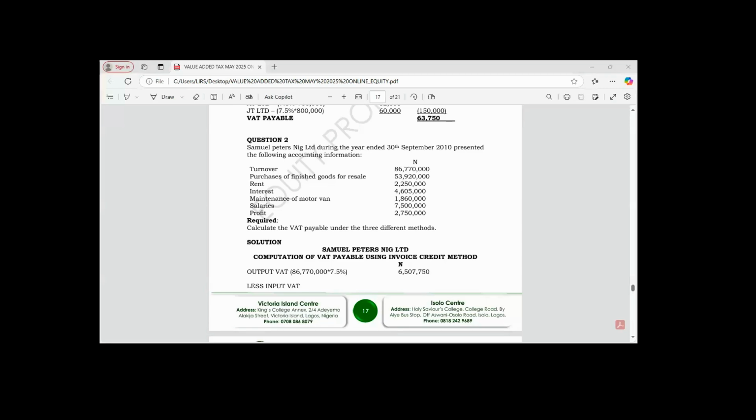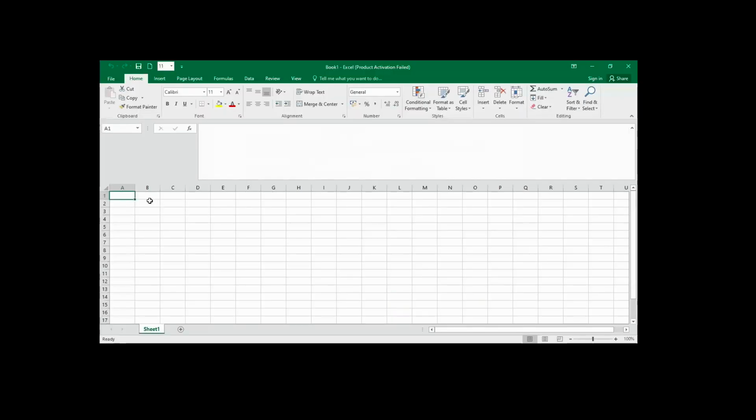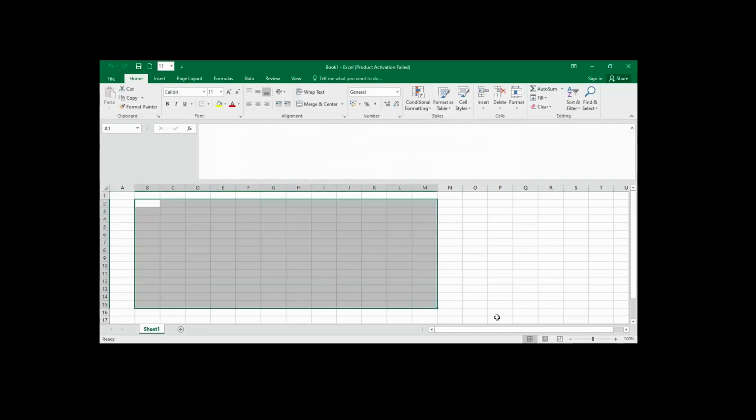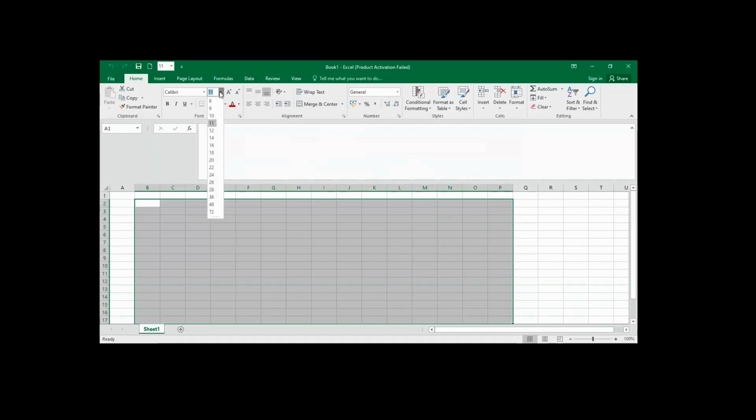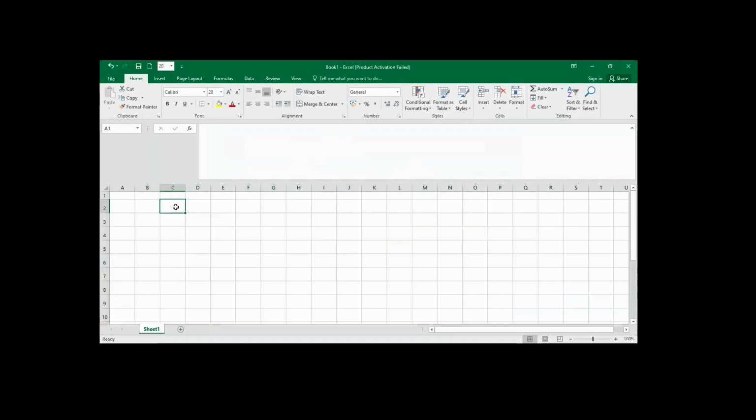We are going to use Excel as we always do, for better understanding. As we all know, for any question, the first thing is the name of the taxpayer. It's very important. You start with the name.